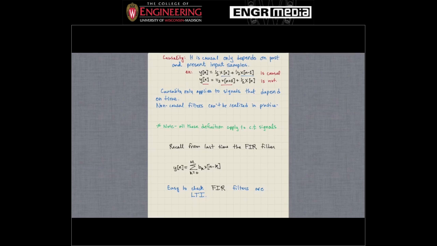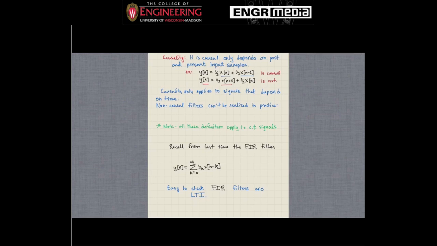And it really implies that there's some dependence on time here, right? If we think of a filter operating on audio in real time, the output of the filter can't depend on my voice, something that I haven't spoken yet. Okay? And so in that way, causality only applies to signals that depend on time. If you think of an image, for example, causality doesn't really apply if you're trying to filter a two-dimensional image.